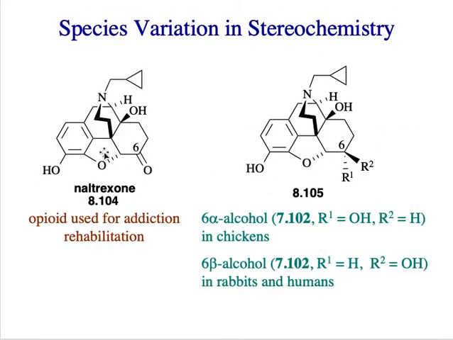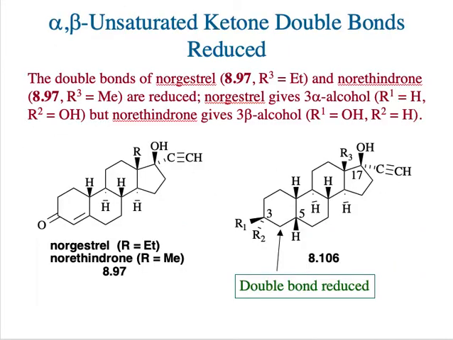And so here you have reduced this ketone to an alcohol, and the stereochemistry varies depending on the species, whether this alcohol is up or down relative to the rest of the molecule. And again, once you reduce it, in this case to the alcohol, that'll up the water solubility.